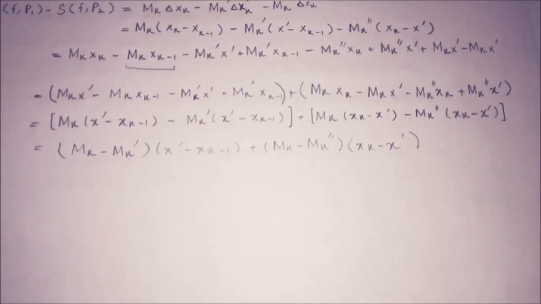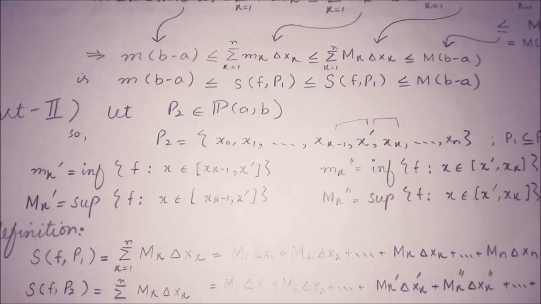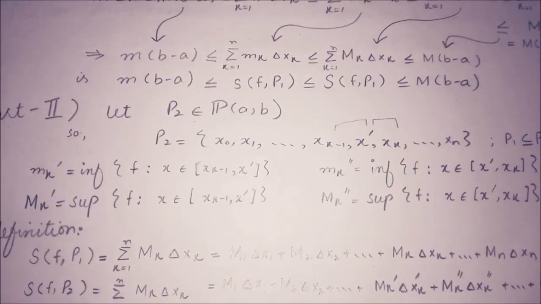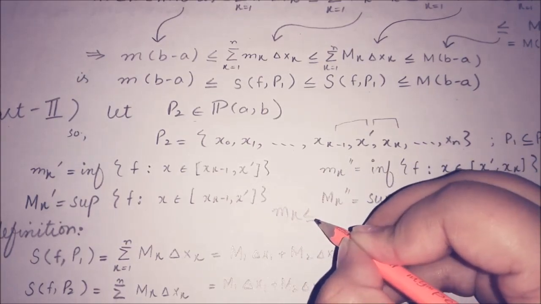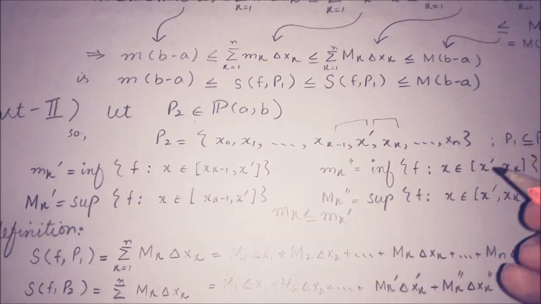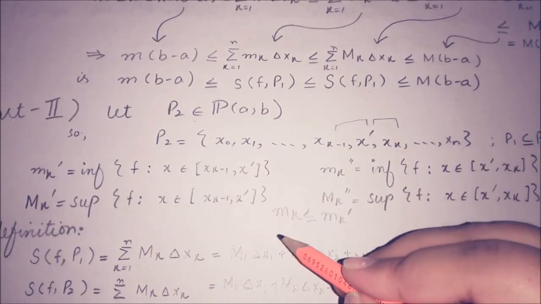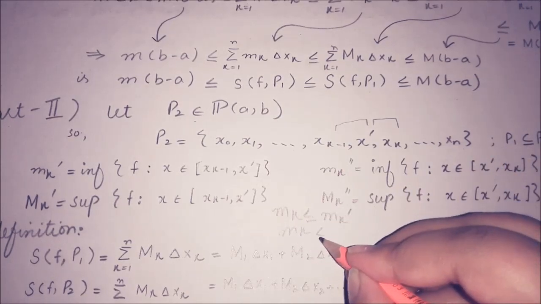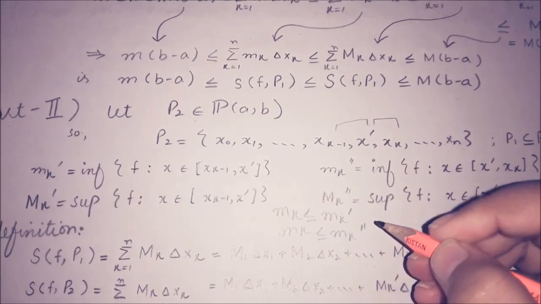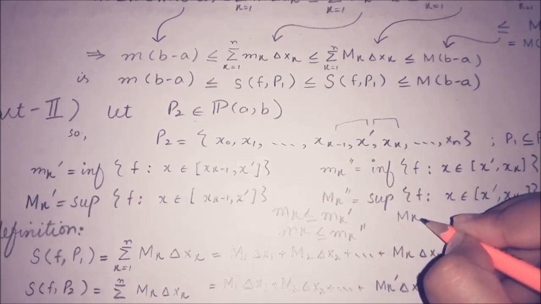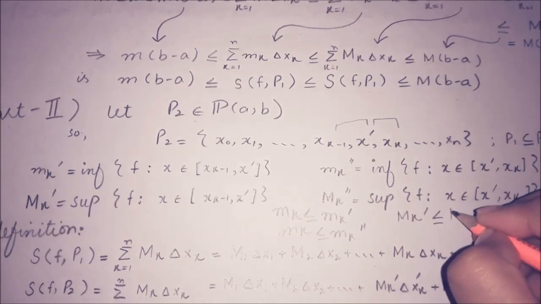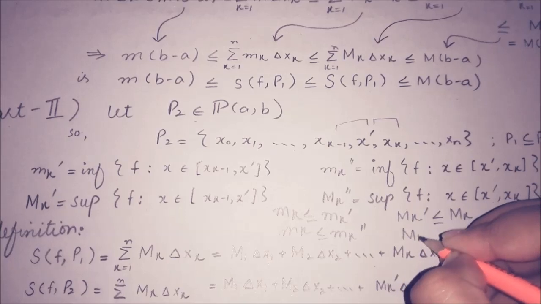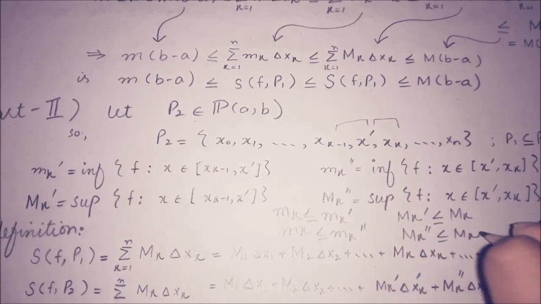As we know, when we're talking about the notation of m prime and double prime, we have defined m_k prime and m_k double prime such that m_k is less than or equal to m_k prime, and in the same way m_k is also less than m_k double prime. And this is the case when we're talking about the capital M_k, so this is less than capital M_k, and this is also less than capital M_k.